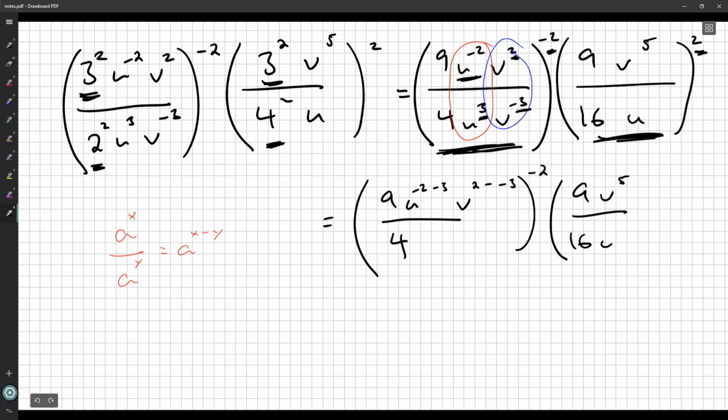Okay, so we'll just leave it as is for a moment. Okay. So what else? Well, I suppose with the -2 and -3, I could change that to a -5. And the 2 minus -3, that's going to be 2 plus 3, so I could change that to a 5 as well. Okay.